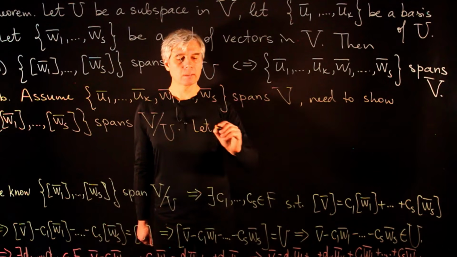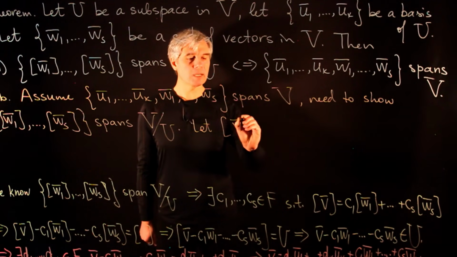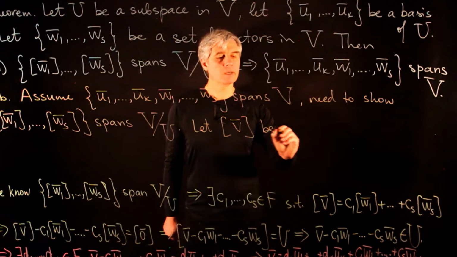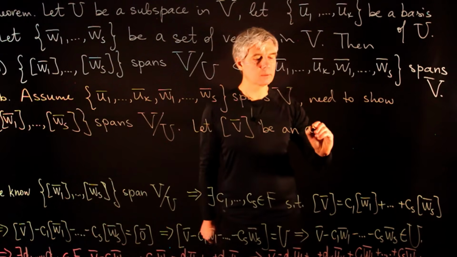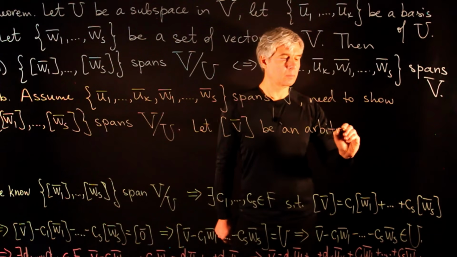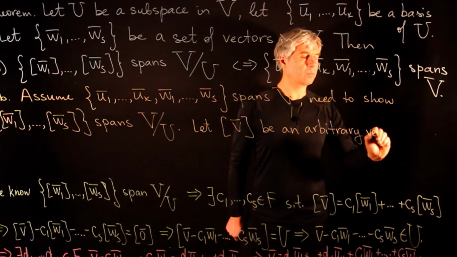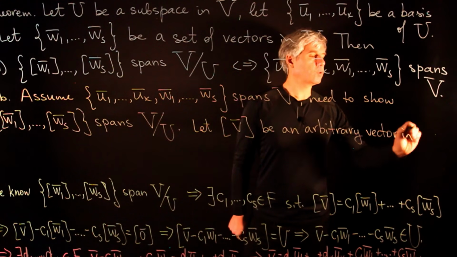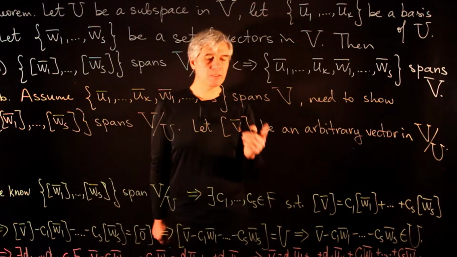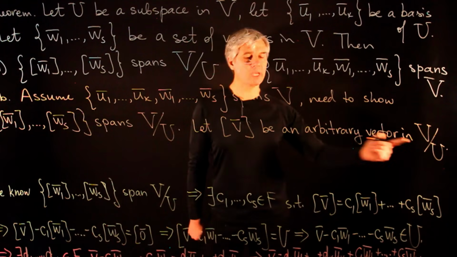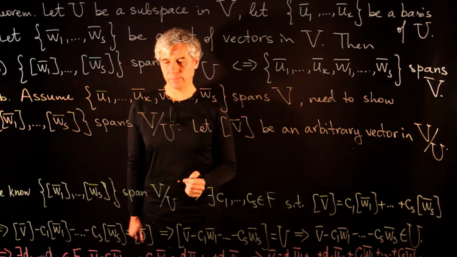Let the equivalence class of V be an arbitrary vector in the quotient space. Here, the vectors in the quotient space are equivalence classes.